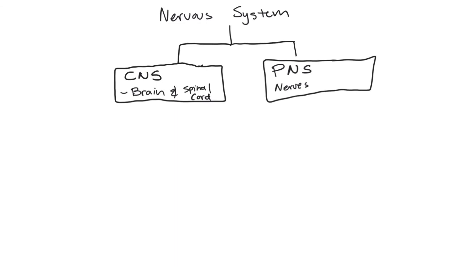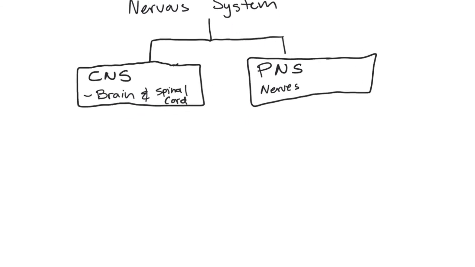So within the brain and the spinal cord are the central nervous system. There are nerves that go into the brain, and there are nerves that go into the spinal cord. Those are peripheral. So we'll just say the nerves.